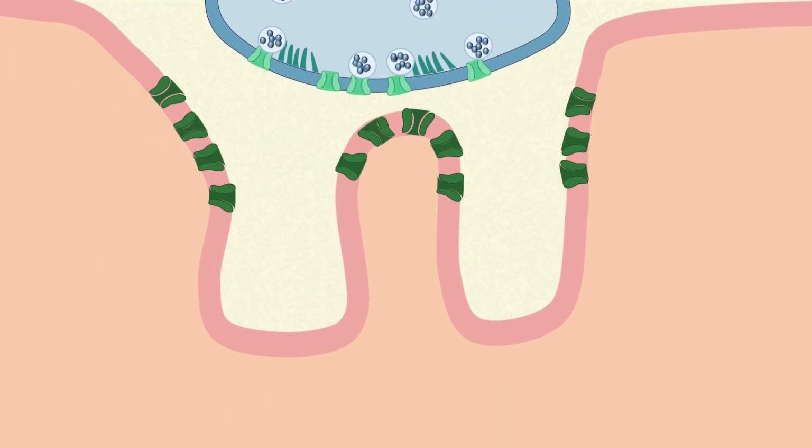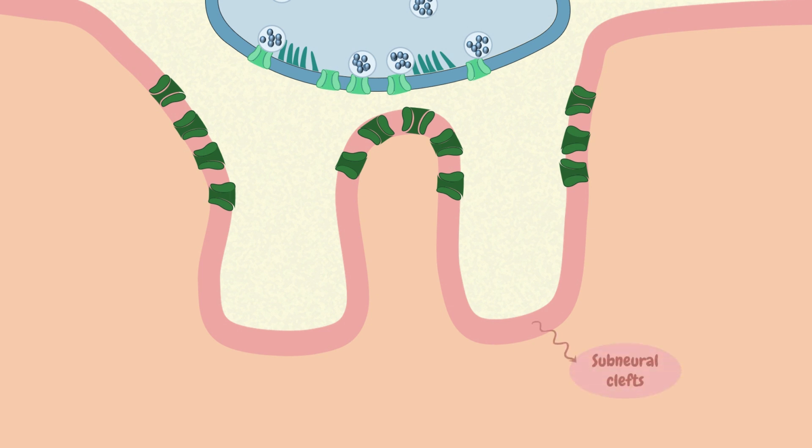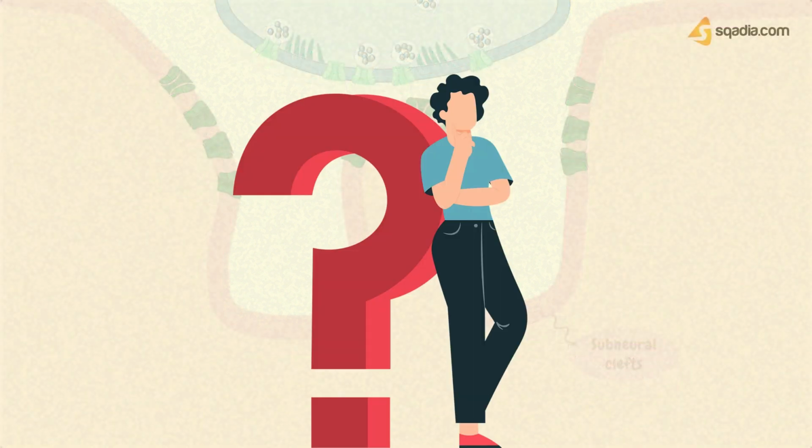Now, let's look at the other end, the muscle membrane. It contains subneural clefts. These are basically numerous small folds that increase the surface area for the action of synaptic transmitter. I have a quick question for you. Where else in the body do we have similar folds that aim to increase the surface area?